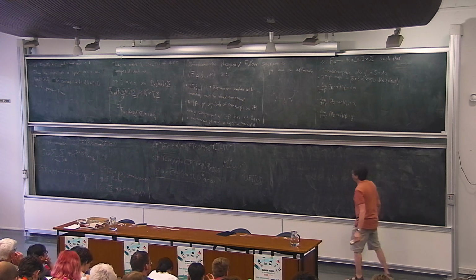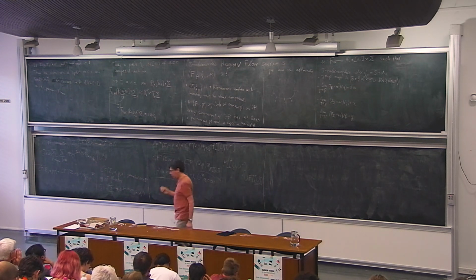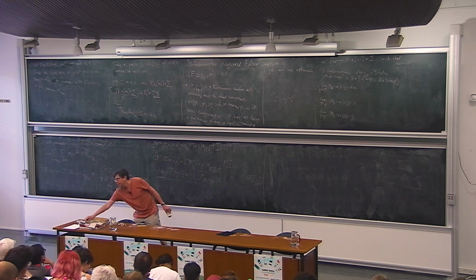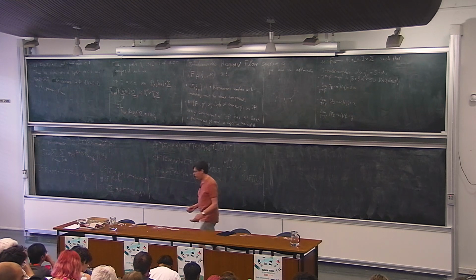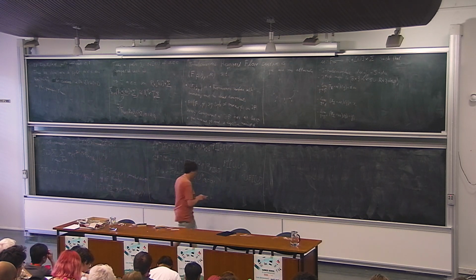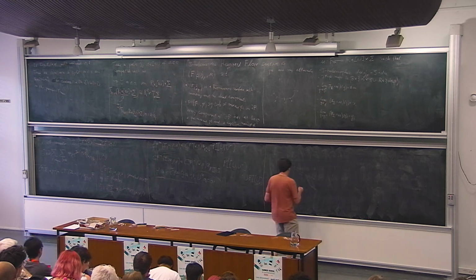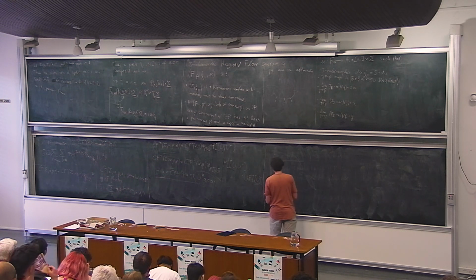Okay, let's do some examples. Not yet of computing Heegaard Floer homologies, but at least of moduli spaces. And the first example, which is somewhat the base of everything, is the following. So you have a region like this.